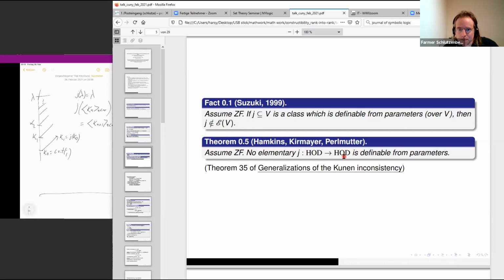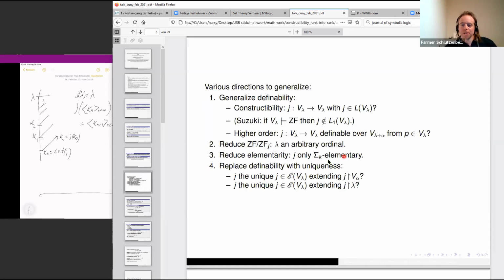So in the talk, I'm going to look at various generalizations of Suzuki's theorem. There are different directions you can look at in attempting to generalize it. The first thing to consider is that you can generalize definability. In particular, you can look at constructibility.